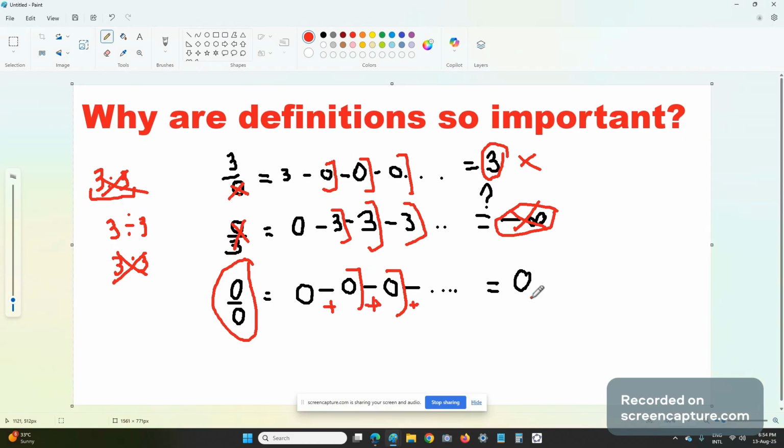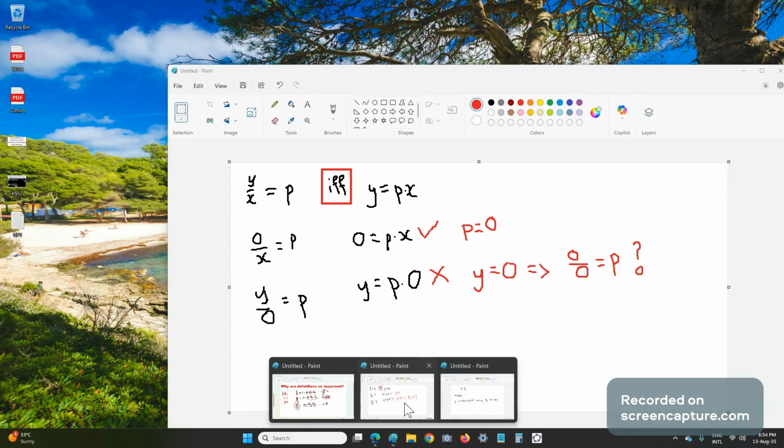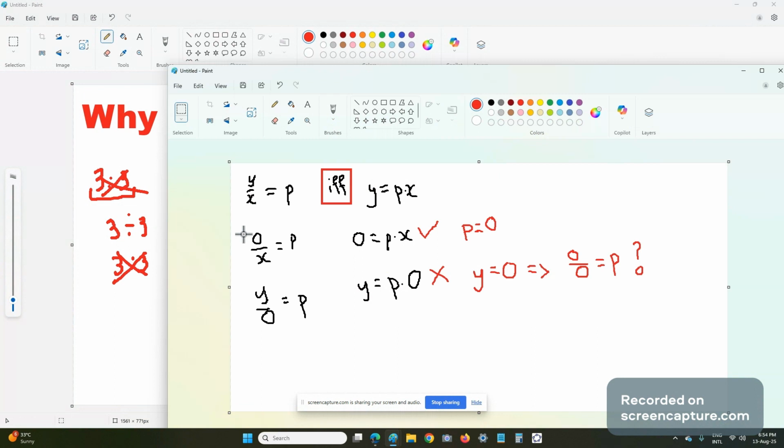They go off the path very early when they have definitions like this. They say y over x is equal to p if and only if y is equal to p times x. Well, they haven't even defined multiplication, which, by the way, requires division to be defined first in the correct order.